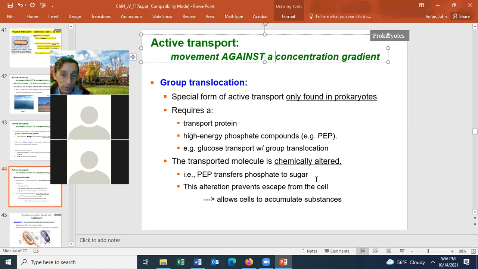Typically what the cell will do, if it's trying to move a molecule in, let's say there are 2 molecules of glucose outside the cell, and we'll say 12 molecules of glucose inside the cell and 12 molecules of glucose 6-phosphate inside the cell.